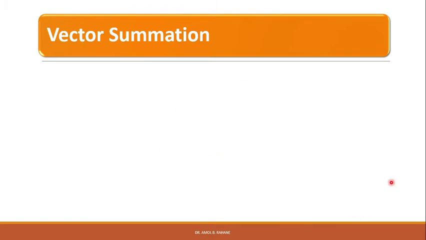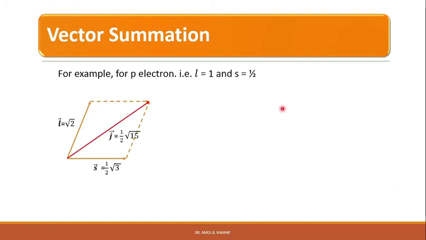Let us consider the example of the p electron, that is L is equal to 1 and S is equal to 1 half. We get two different orientations of J as shown in the figure, right?